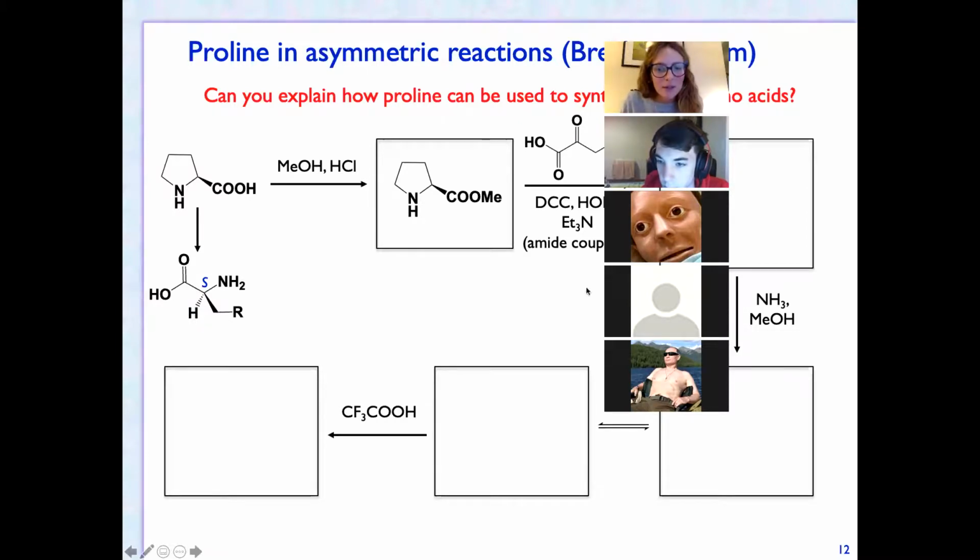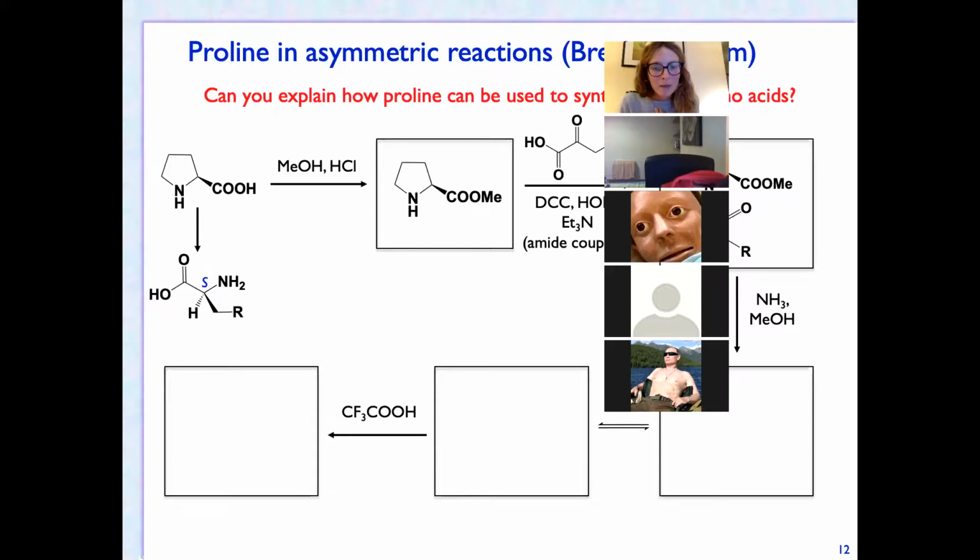Very good, Sophie. So we make an amide between this amine and our carboxylic acid. And these DCC and HOBt are just some very common coupling agents which are used very often with chiral molecules in order to avoid harsh conditions and not risk to have racemization or epimerization at chiral centers.